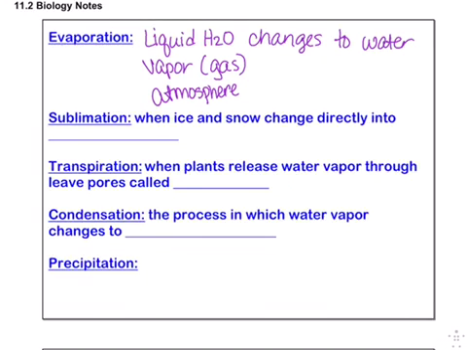Sublimation is when ice and snow change directly into water vapor. So some of you could probably go home or call your grandma tonight or this weekend and ask her if she or her parents ever freeze dried their clothes.